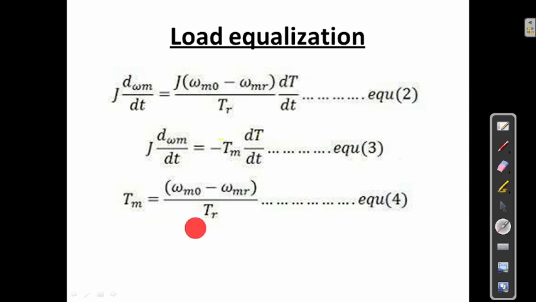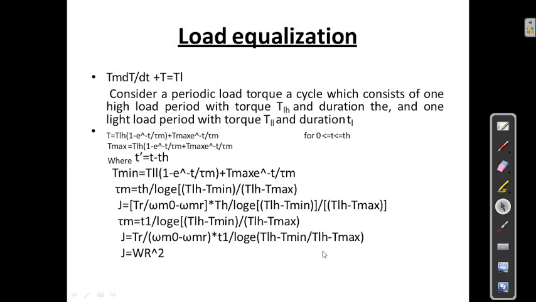Substituting equation 3, we get equation 4: τm dT/dt + T = TL.